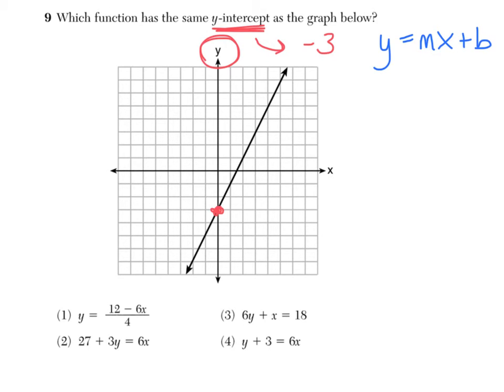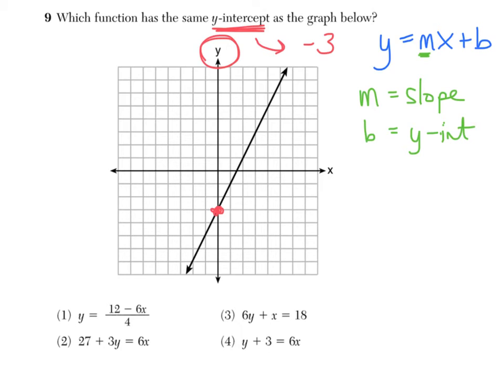The number in front of the x, the m value here, whatever number is stuck to the x, that is the slope. And then the constant that's by itself, that is the y-intercept. So we're looking for a -3 to be the constant in our choices here.